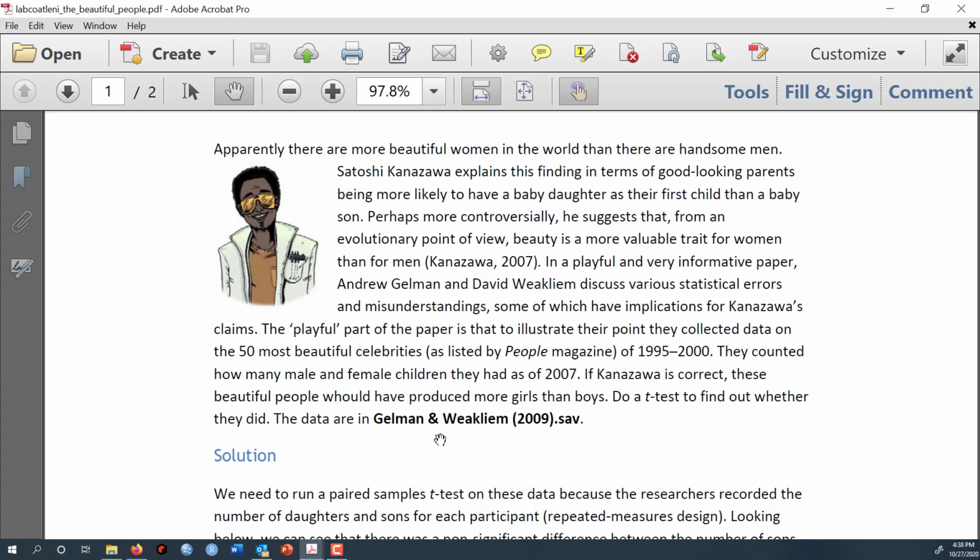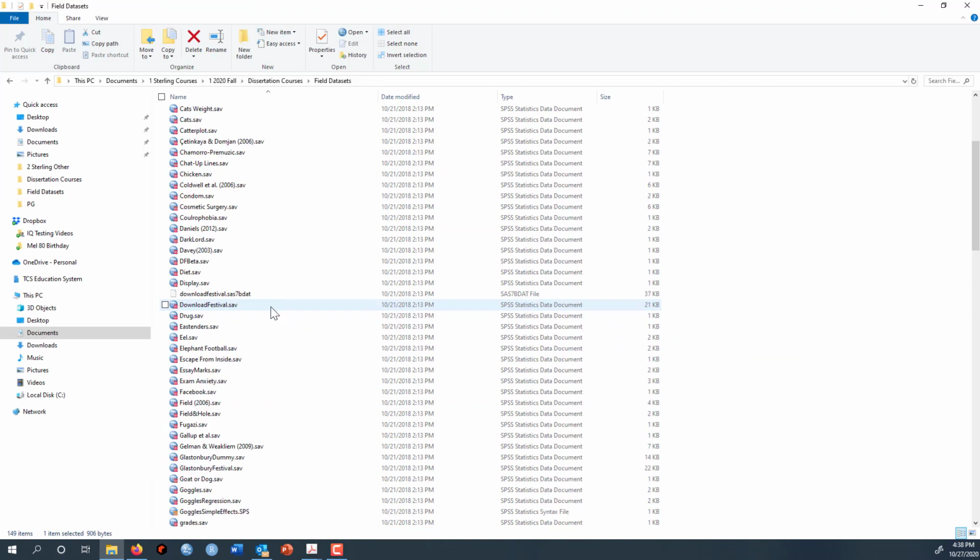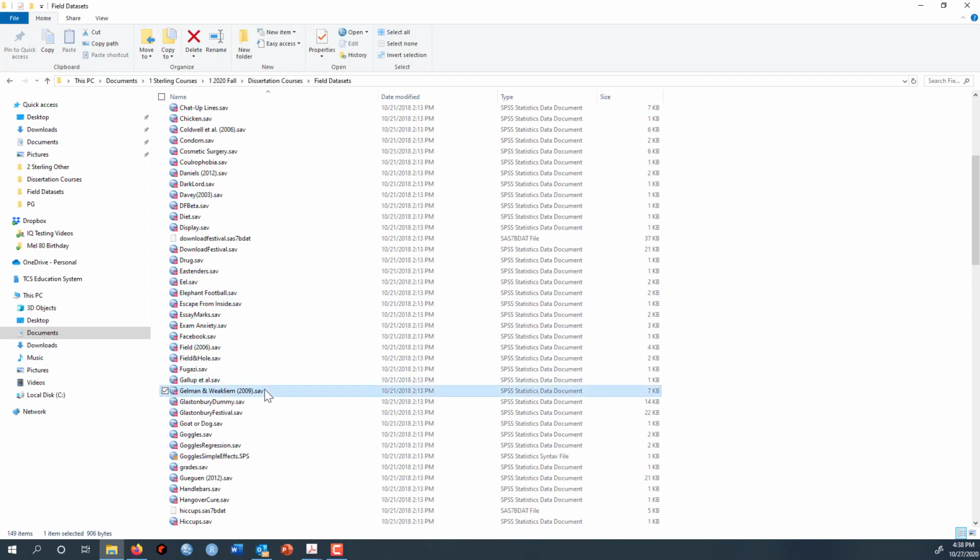And this is the Gelman and Weakliem study. So we go up to Gelman and Weakliem, double click it, it brings up our SPSS.